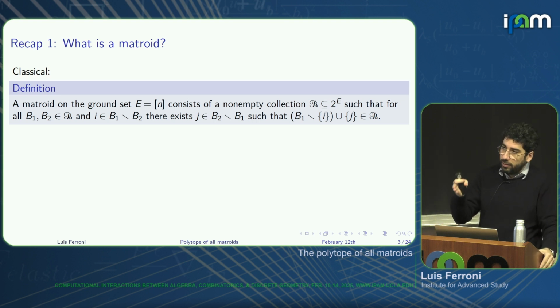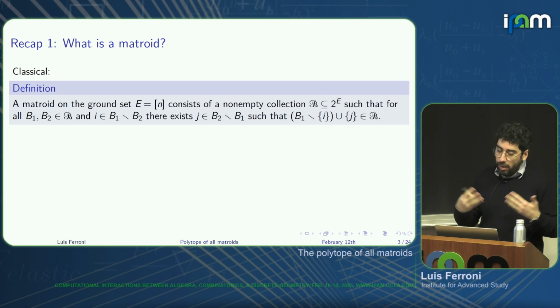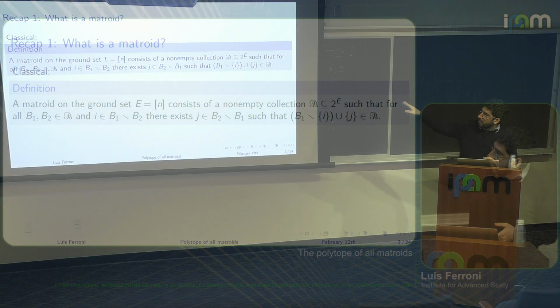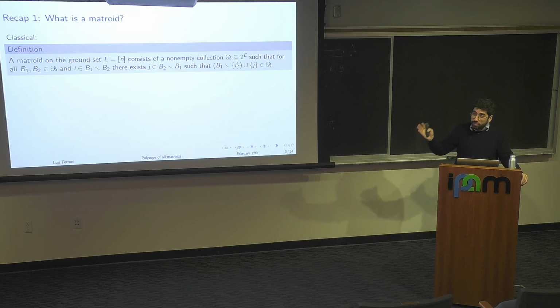I typically denote the set E with the square brackets [n], meaning that my set consists of all integers from 1 up to n. And the collection that defines the actual matroid is called B, and it consists of a family of sets such that this exchange axiom is satisfied. I won't be using this too much for the talk, so I will just mention it in case you have seen it before, or if you are scared about what matroids are. The definition is very simple.